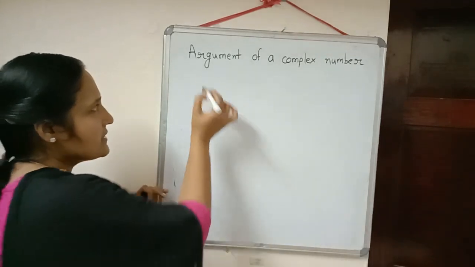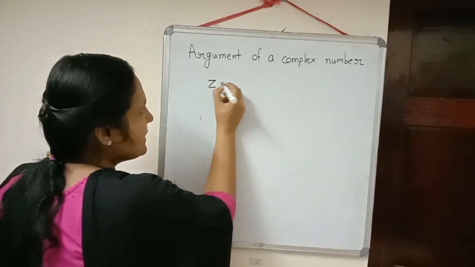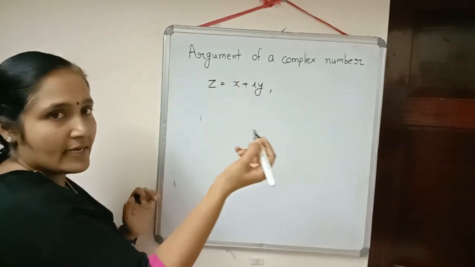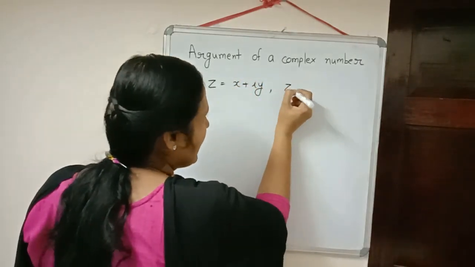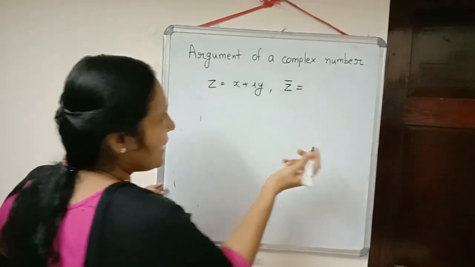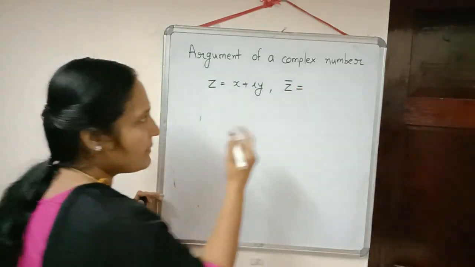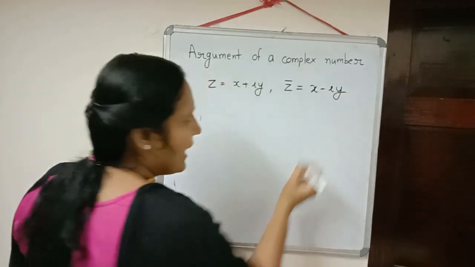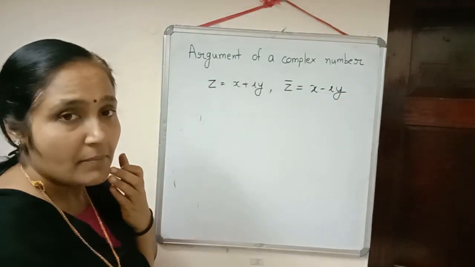As we studied, if z is equal to x plus iy is a complex number, then its conjugate is denoted by z bar and is given by replacing i by minus i. So z bar can be written as x minus iy. Then we studied the modulus.